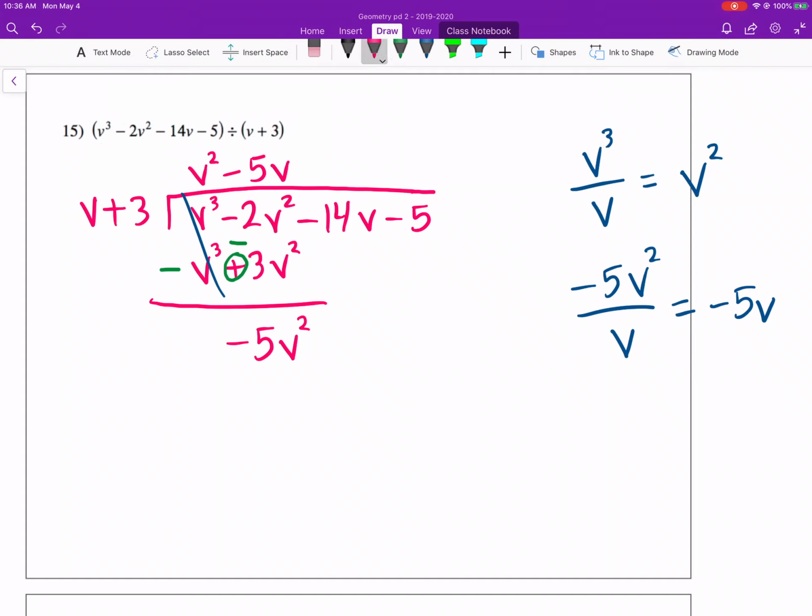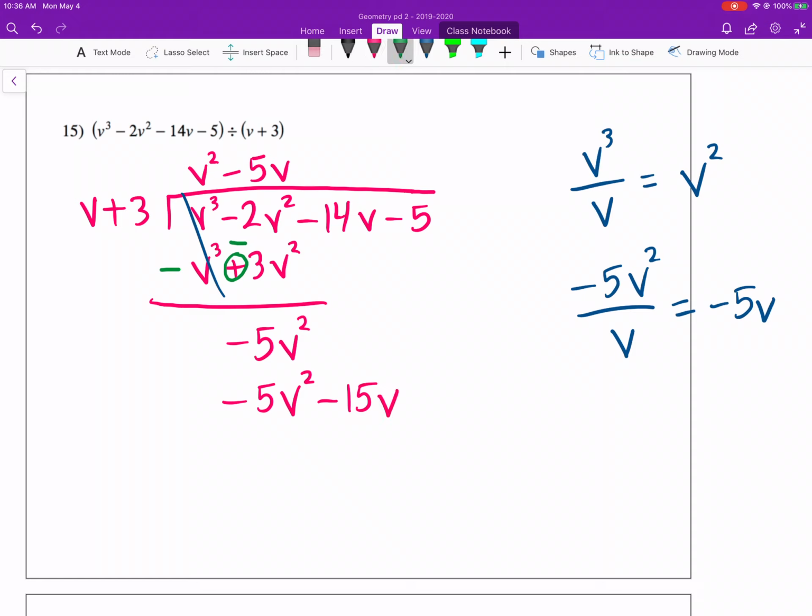So negative 5v times v is negative 5v squared. And notice how I'm not saying 5v, it's negative 5v, so treat it like a negative. I know it's subtraction, but negative and subtraction are the same thing. So it's negative 5v times 3 now, which is negative 15v.